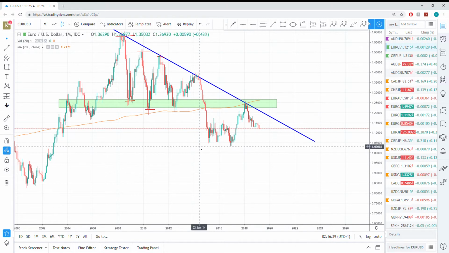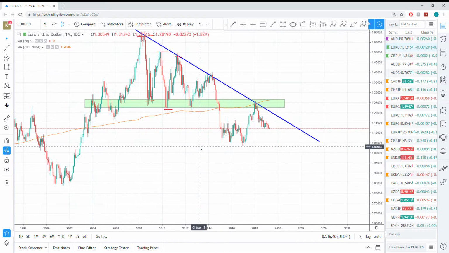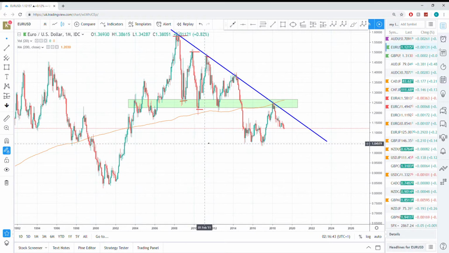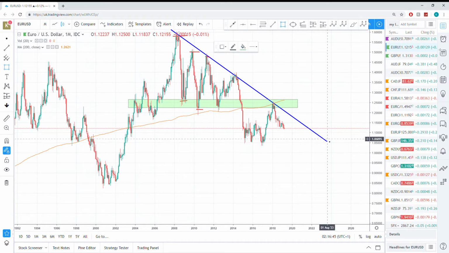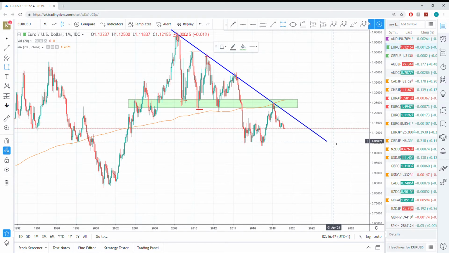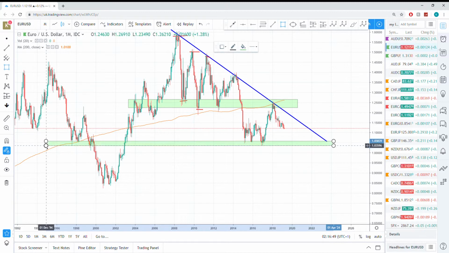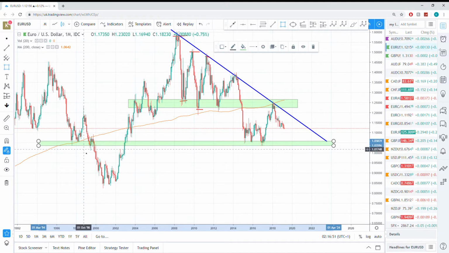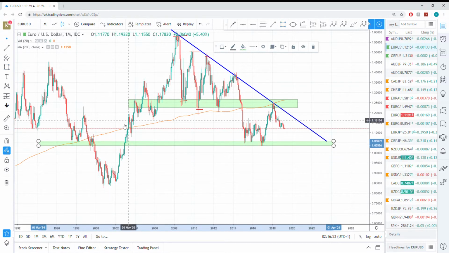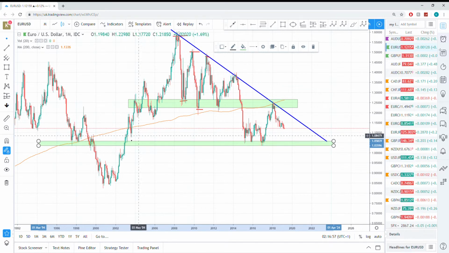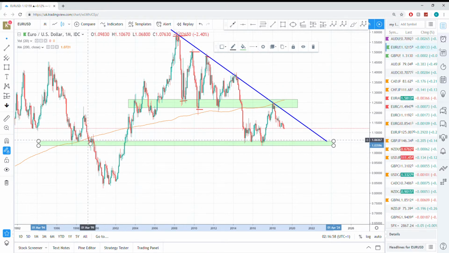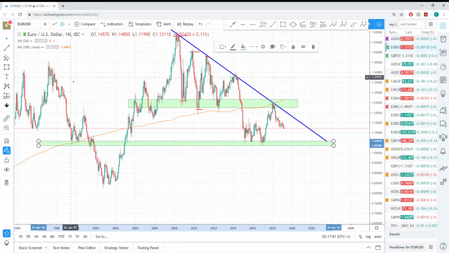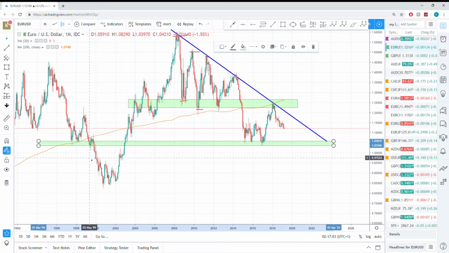So we can come back here and draw another support zone, which I'll do roughly like this. And it's valid, this support zone, if it's in confluence with other previous history of price action.